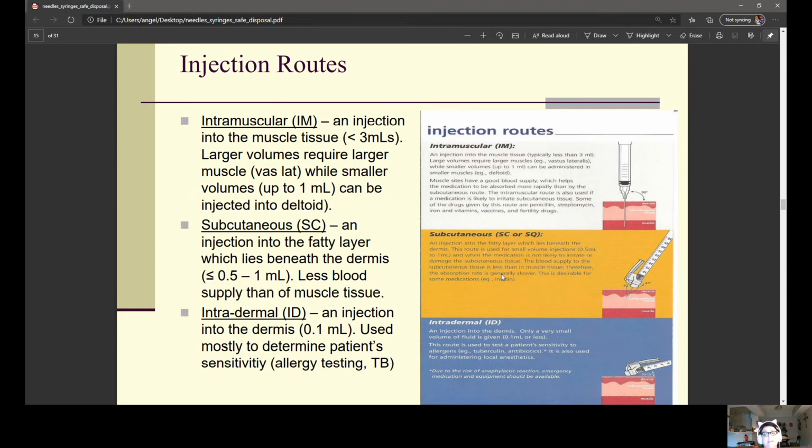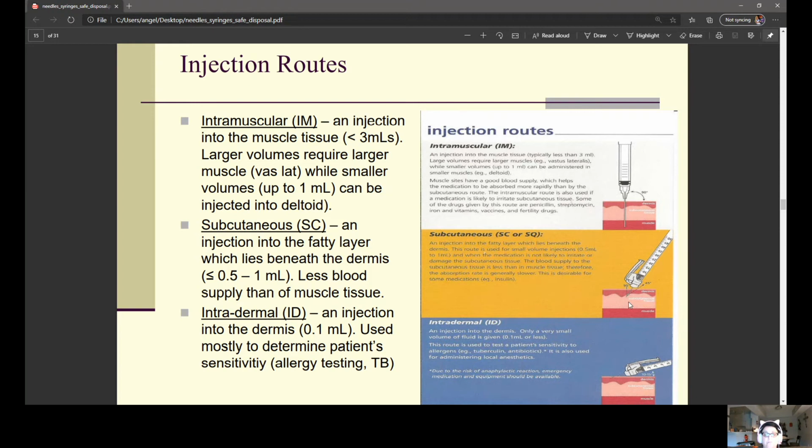So we place it into the subcutaneous or the fatty tissue, and it slowly absorbs from there into the muscle, into the bloodstream. So it's a slower method, and it's a lot less painful, especially to some patients who are really scared or sensitive of needles.